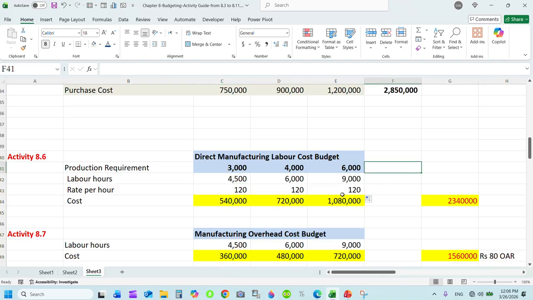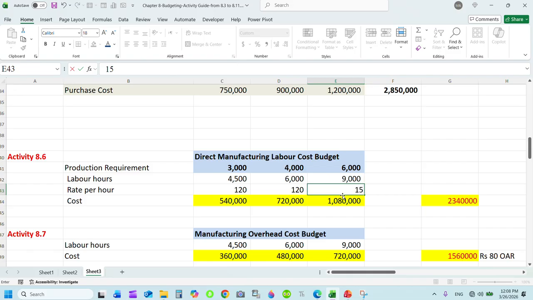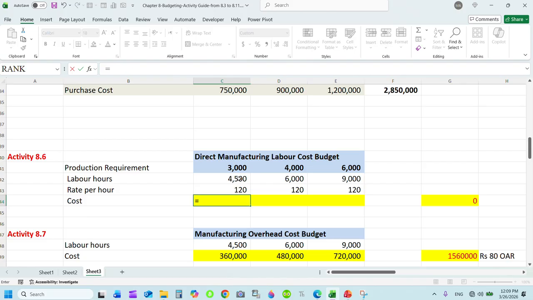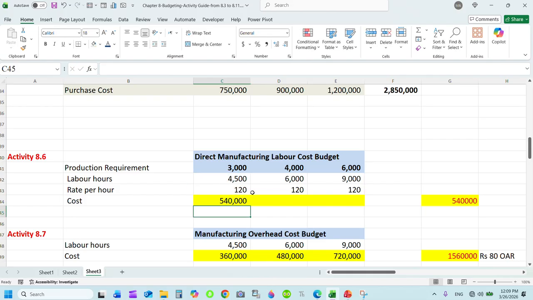In case labor cost is expected to increase by 30 rupee per hour during the month of March, then here it should be 150 labor rate, right? But in this case it is the same, so you can put it like this. Then labor cost equals number of labor hours 4,500 multiplied by labor rate per hour 120, this much.